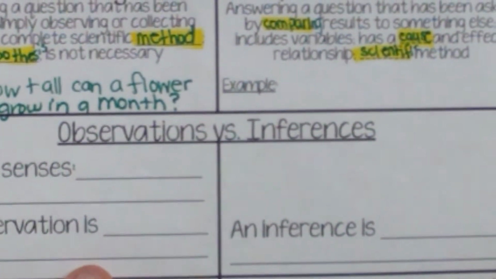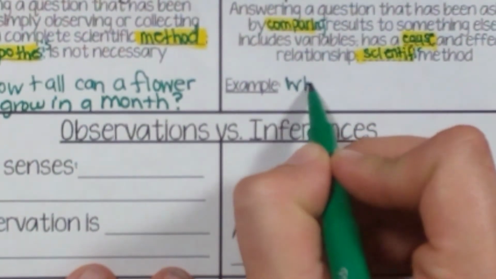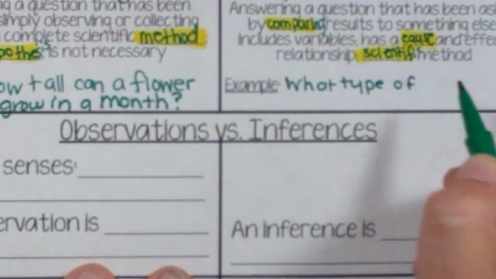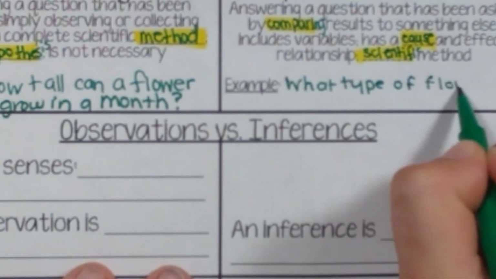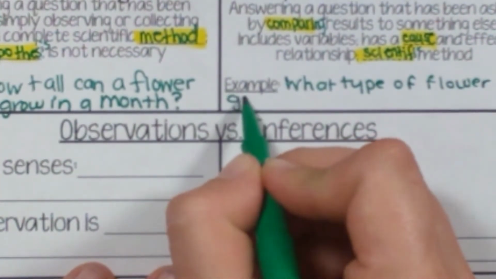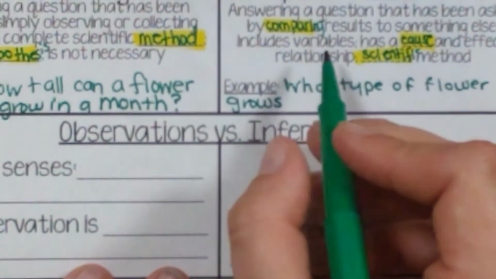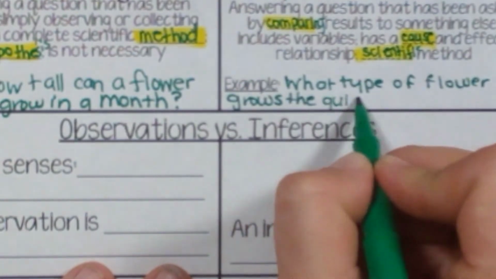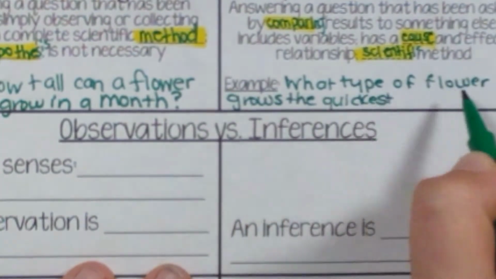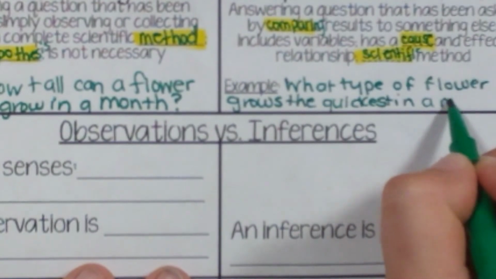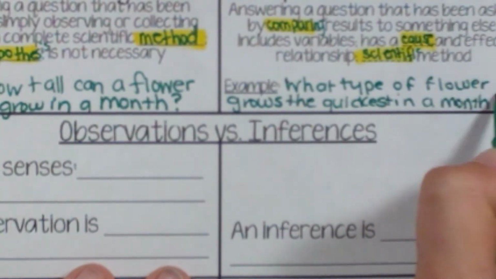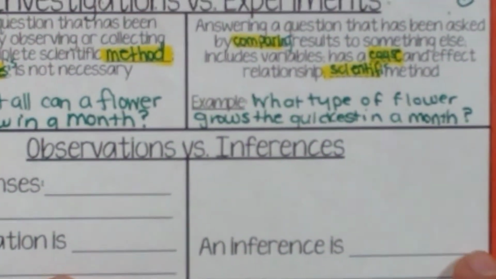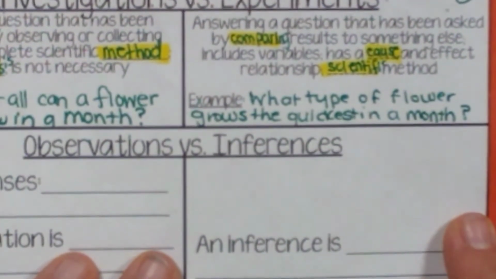An example could be, what type of flower grows the quickest in a month? Or what kind of fertilizer helps a specific flower grow in a month?